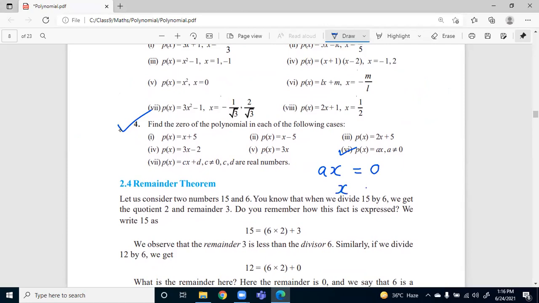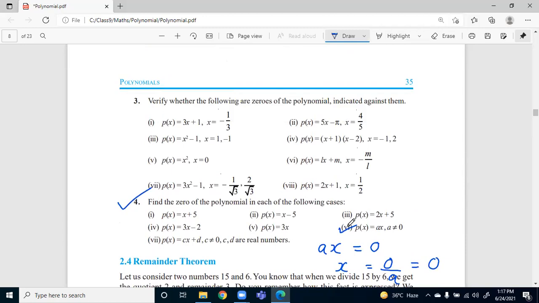Then what is the value of x? It is 0 upon a. So the correct answer is 0. If I substitute 0 instead of x, then you can see the whole polynomial's value will become 0. Okay, ma'am. So this is one type of question where you need to find the zero of the polynomial.